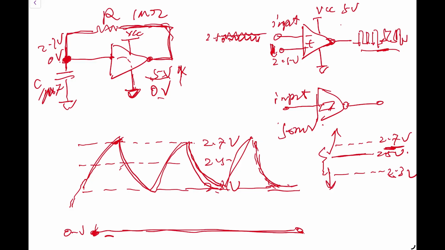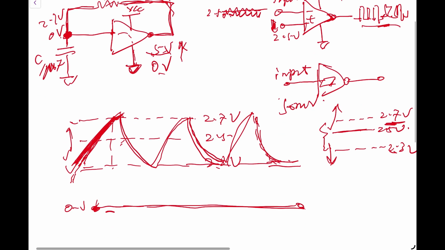Theoretically, you can calculate the oscillation frequency. Because the range is very small, you can assume it's a linear curve, a straight line, and based on the RC constant, you can calculate that. I'm not going to do that. The easier way is probably to just build the circuitry and do some measurements.